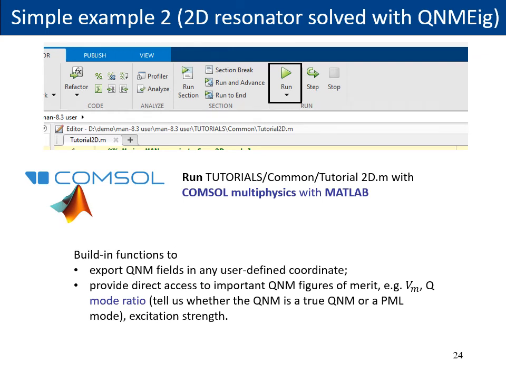Alternatively, the user may run tutorial 2D under the tutorial common folder to compute the quasi-normal modes of the system with the QNMEig solver. By default, this tutorial 2D program drives the .mph file I mentioned before to compute the QNM fields. It offers a lot of built-in functions, which allow the user to explore the quasi-normal mode fields in any user-defined coordinates.